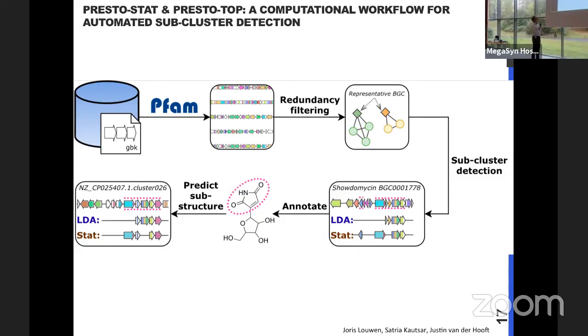With this LDA algorithm, and a previously published statistical algorithm, we can identify these subclusters that are co-evolving, where the underlying genes apparently have a shared function. In many cases, we can also predict links to a substructure if, for example, one of the gene clusters in which we find such a co-evolving subcluster has been experimentally characterized, and we find it back in the database.